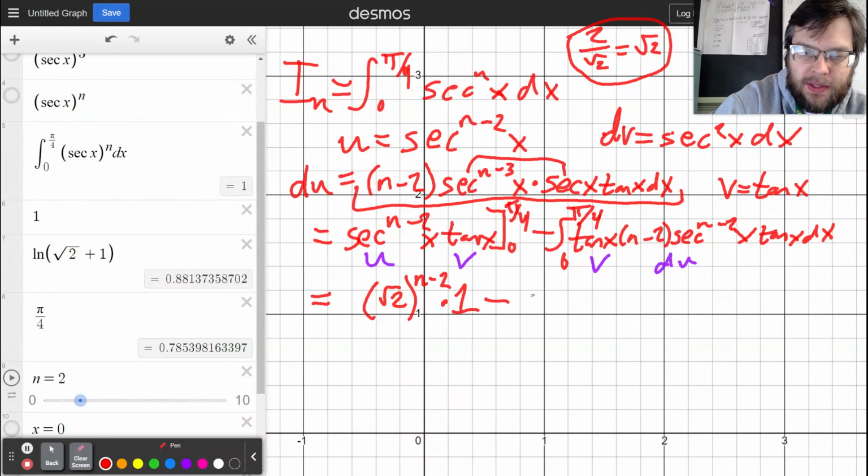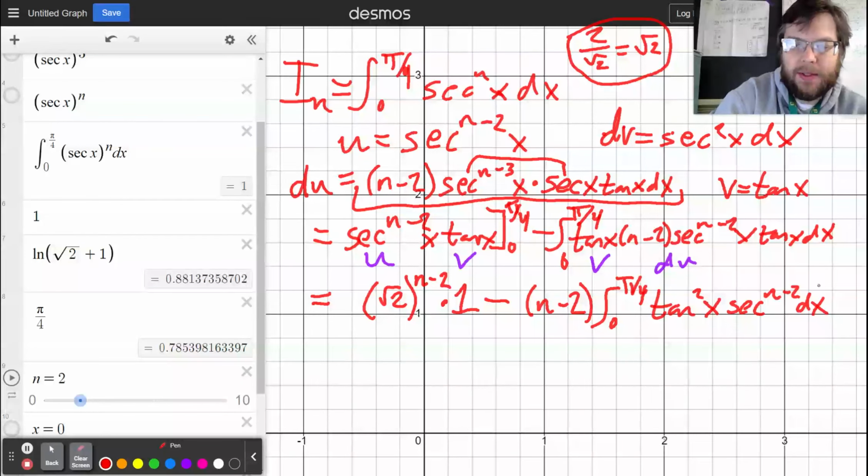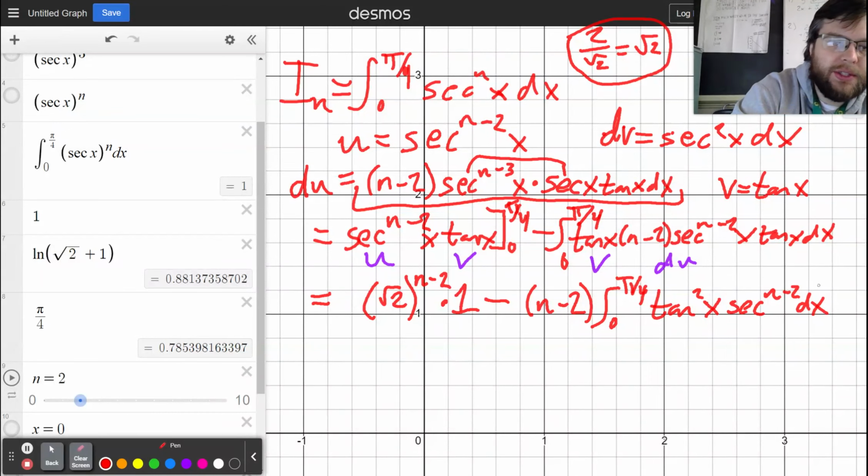The second piece, I can bring an n minus 2 in front, and I have 0 to pi over 4. And I have tangent times tangent, so I'm going to write that as tan squared x secant to the n minus 2 dx. I'm going to recall a trig identity, so I'll kind of do this over here in the top left corner of the screen.